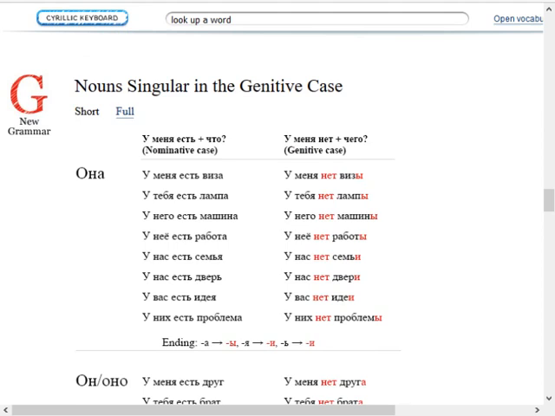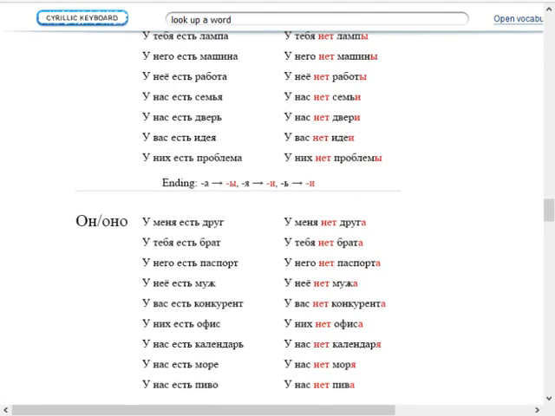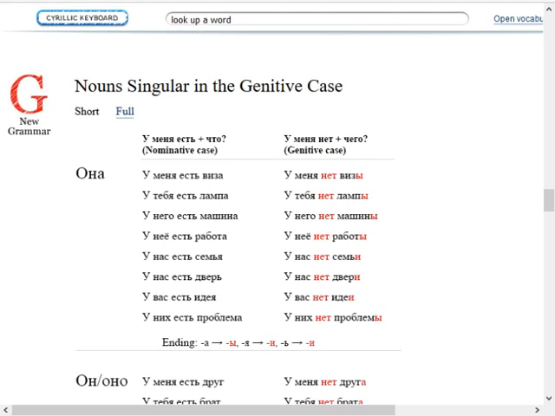So, nouns, singular in the genitive case. Yeah, I'm not going to read all of these, but obviously you can see, if you say that you have something, you basically just use the normal uninflected forms.